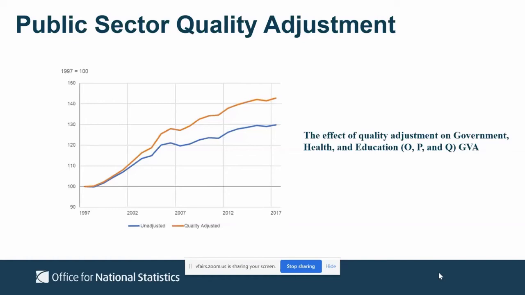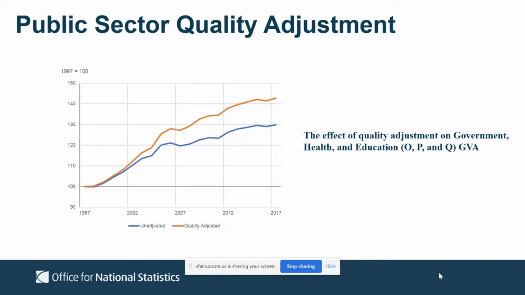Now, I'm going to work on the assumption that the 40% we haven't modelled is effectively well proxied by the average of the 60% that we have. If you apply that factor, you get something that looks like the orange line, which gives you faster growth throughout this time period from 97 through to 2017. We're actually going to plug that orange line into our data.